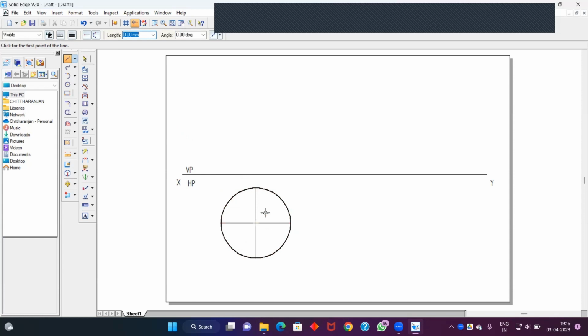Now here we have to make a 45-degree axis, and a minus 45 degree, and again back. Straight to this and this.